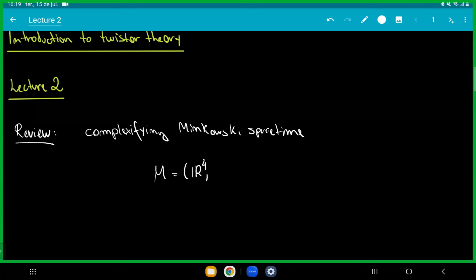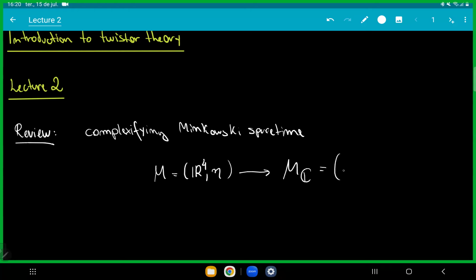So what I mean by Minkowski spacetime is essentially R4 with the Minkowski metric that gives that bilinear form that we all know and love. And what I mean by complexification is just that I'm moving to M sub C, which is nothing but R4 where the coordinates now have complex values.